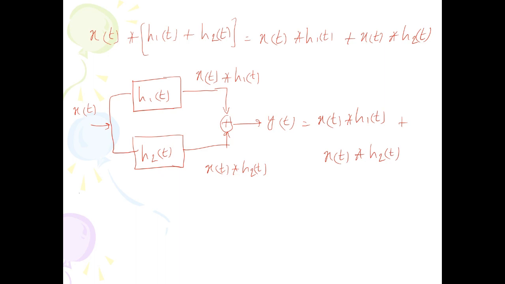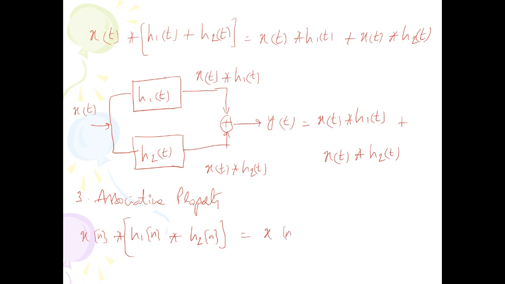And the next, the third one, is the associative property. x of n convolution with h1 of n convolution with h2 of n can also be calculated as x of n convolution with h1 of n convolution with h2 of n.